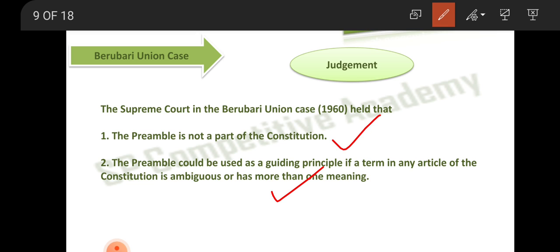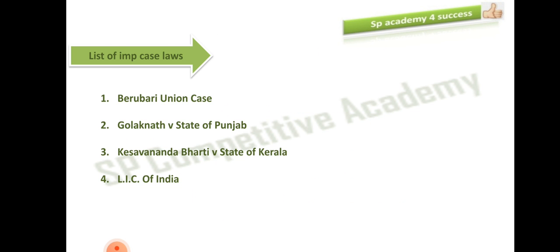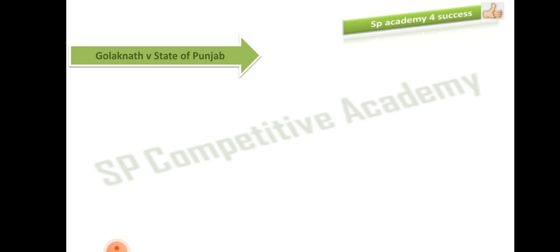But the preamble is not a part of the Constitution. This was the judgment given in the Beruberi case in 1960. So we completed the first case law. Now moving on, the second one is the Golaknath versus State of Punjab case law.